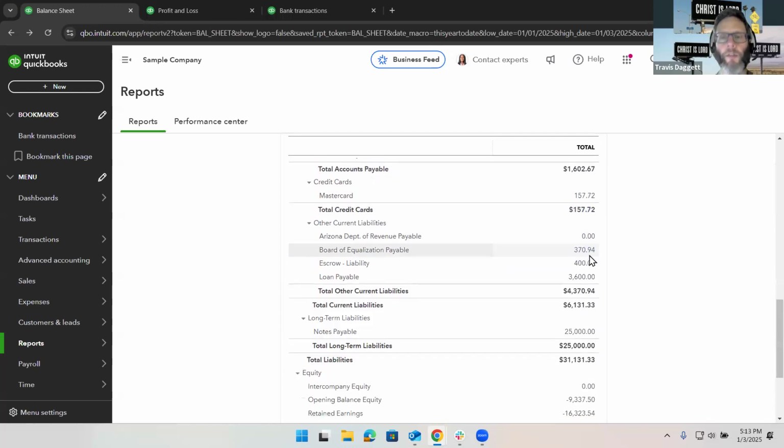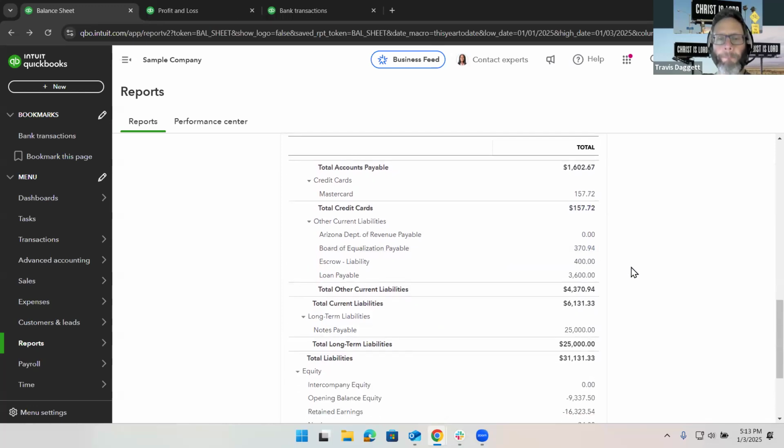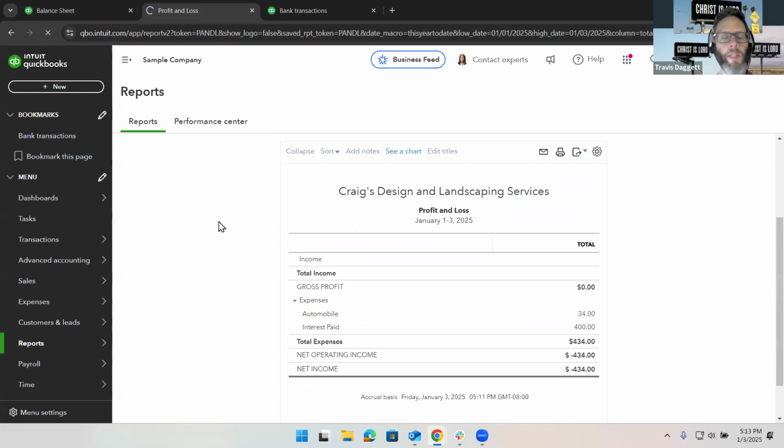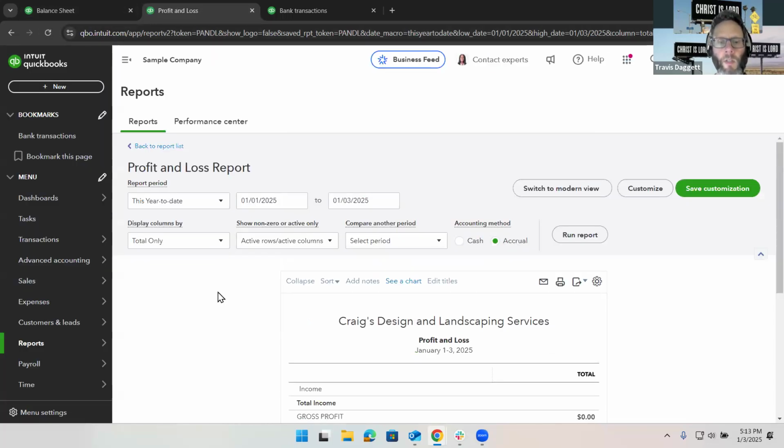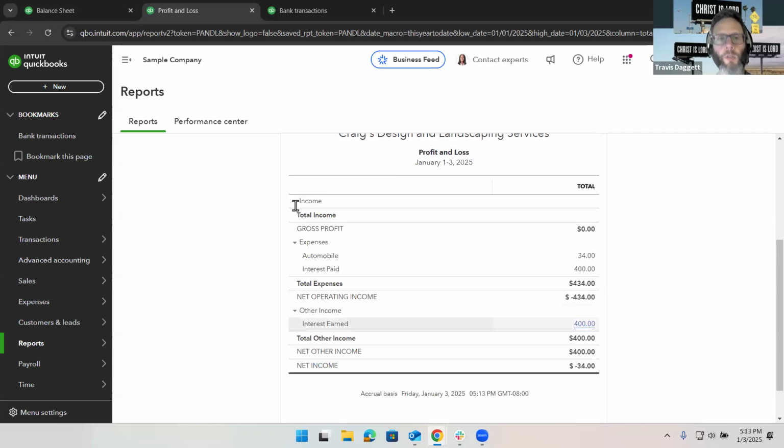And what else did we have? Our escrow liability went up. That's correct. And let's look on the P&L. We should see the interest earned. And we see interest earned. Great.